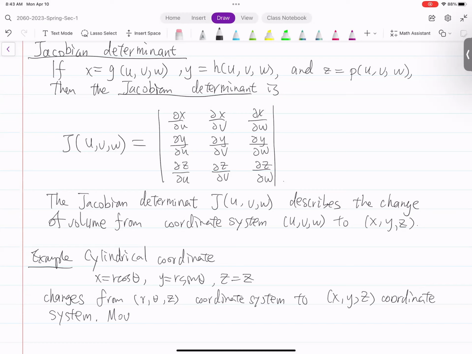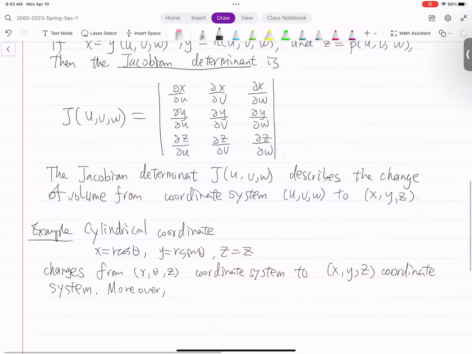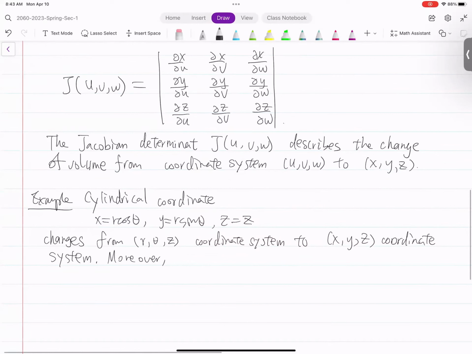Moreover, we definitely can do the partials and put everything together, and write down the Jacobian determinant.